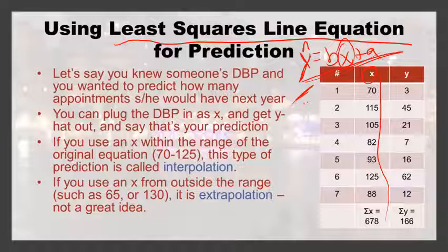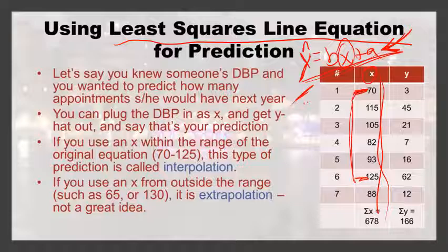So the range of values among your x's is what you're going to use to determine whether or not it's a good idea to use this equation to predict something, okay? So in this case, our range was 125, because that's the highest number, minus 70. This was our max, this was our minimum, right?